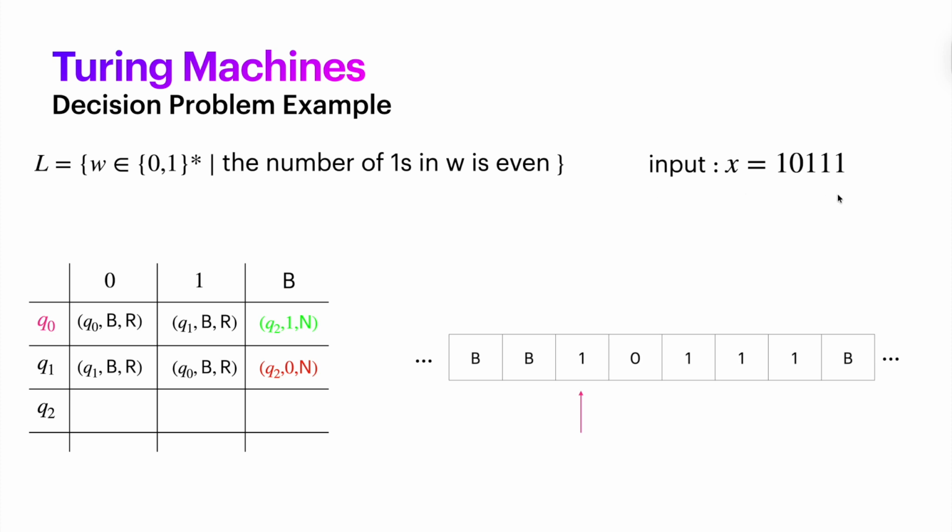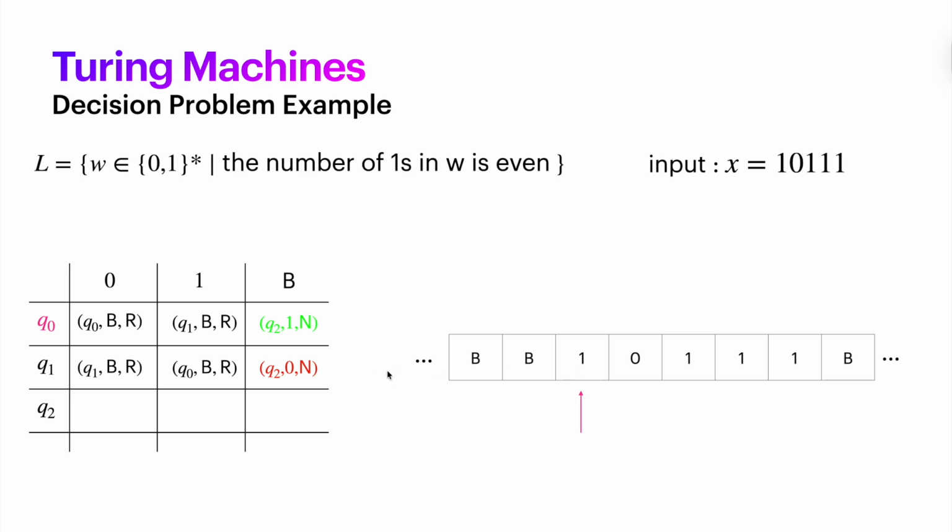Let's say that our input x is 10111. In the Turing machine tape, this would have blanks on the left-hand side, 10111, and blanks on the right-hand side. So we start at initial state Q0, pointing at the 1.